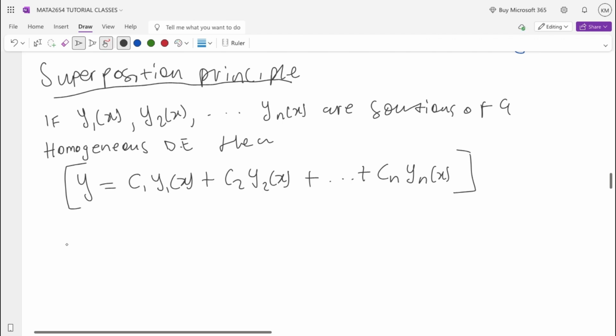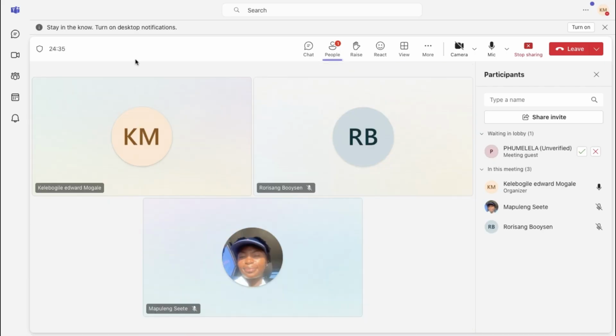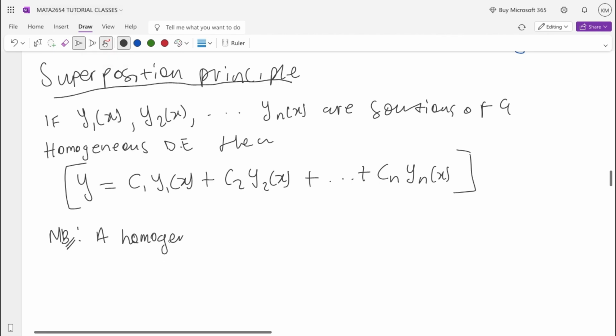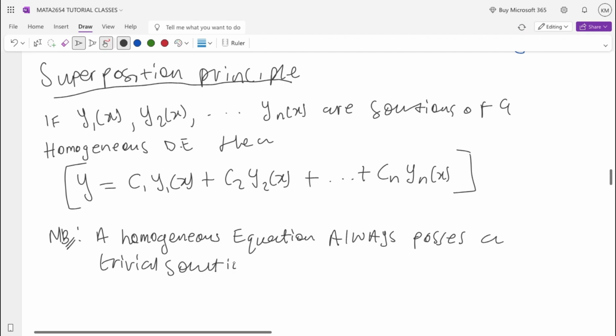And the other thing that you have to know is that a homogeneous equation always possesses a trivial solution, y equals 0.